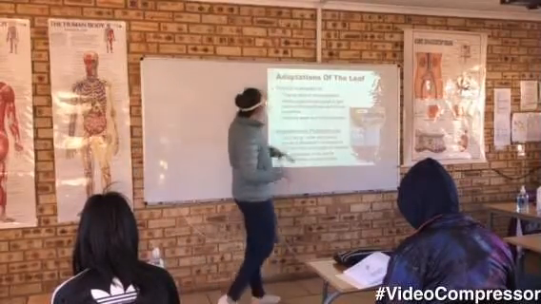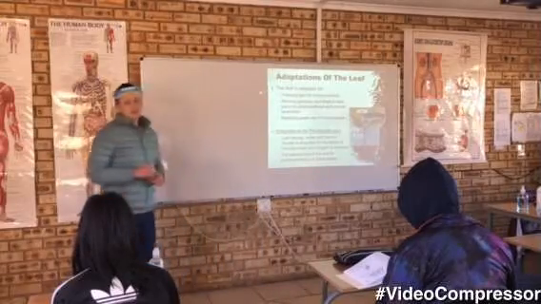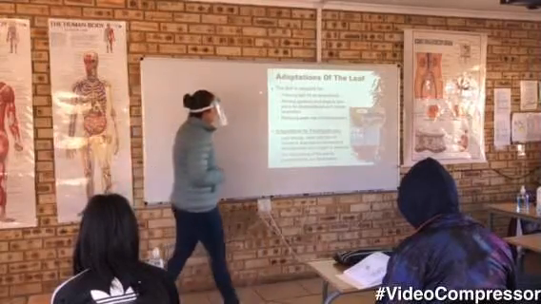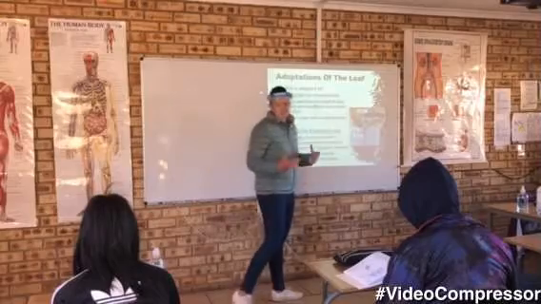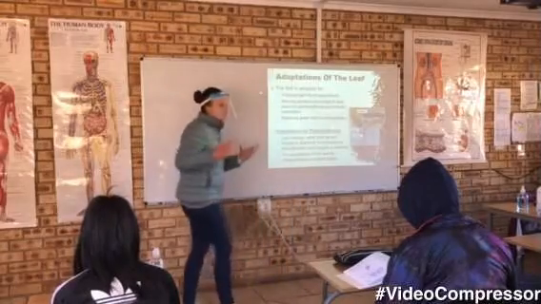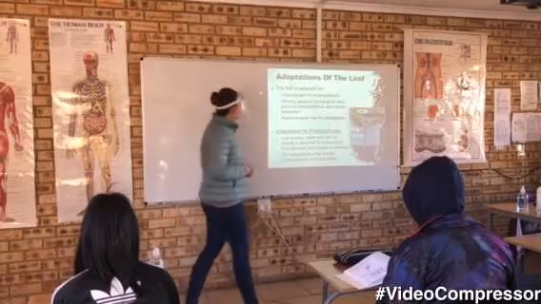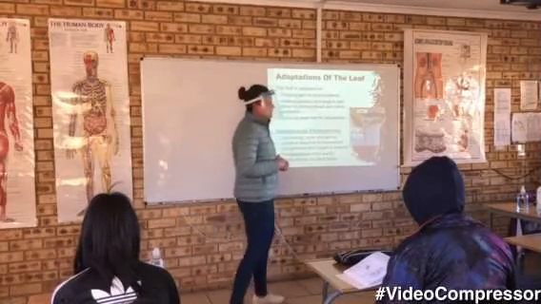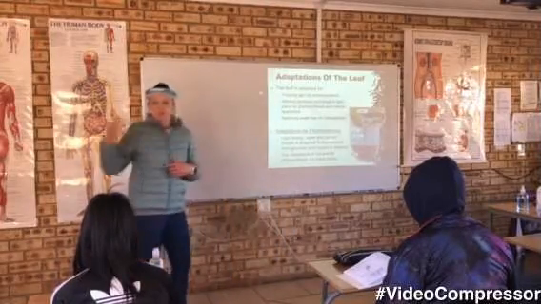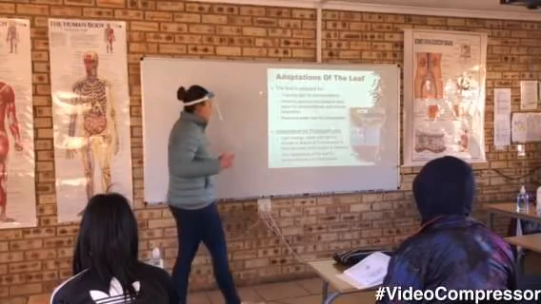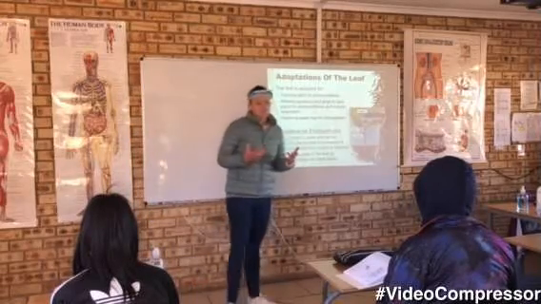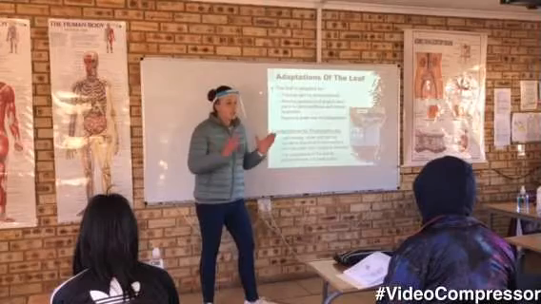Okay, so firstly, what does the leaf need to be adapted for? It needs to be adapted for trapping light for photosynthesis. That's the main thing. So leaves are exposed nice and high on the branches in order to get maximum light exposure. It also needs to allow for gas exchange to take place, so carbon dioxide moving into the leaf, oxygen moving out, or the reverse if it's going through cellular respiration. Remember, plants do both processes.